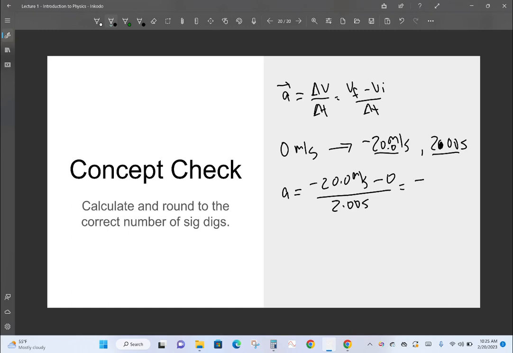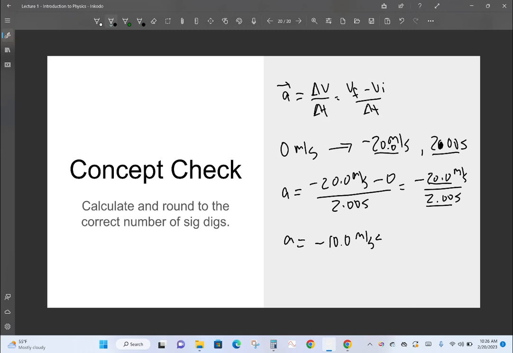So that's going to be negative 20.0 meters per second divided by 2.00 seconds. My acceleration is going to be negative 10.0 meters per second squared. Notice that this has 3 sig digs and this has 3 sig digs. And the rule is my answer can't be any more precise than the least precise. Well, they both have the same number, so I'm going to have 3 significant digits.